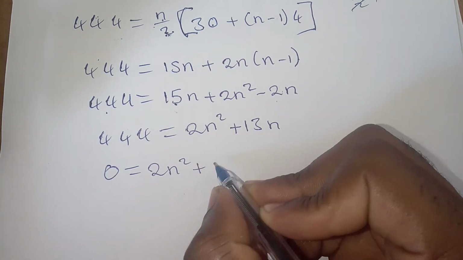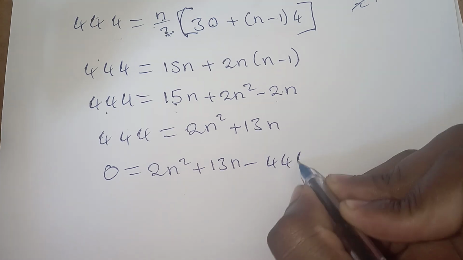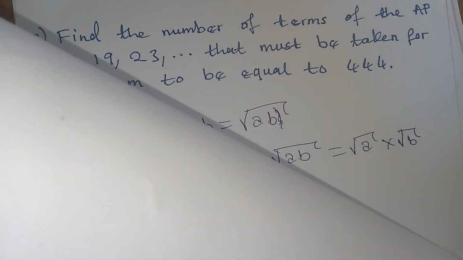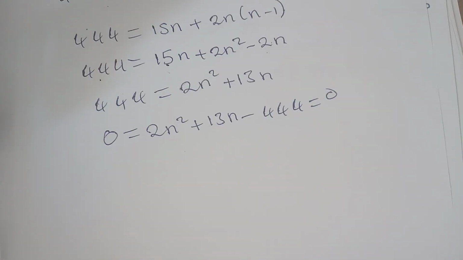Now these are quite big. I don't think using the factorization method will be a very good idea here because the numbers are too big. Anyway, let's use the formula.